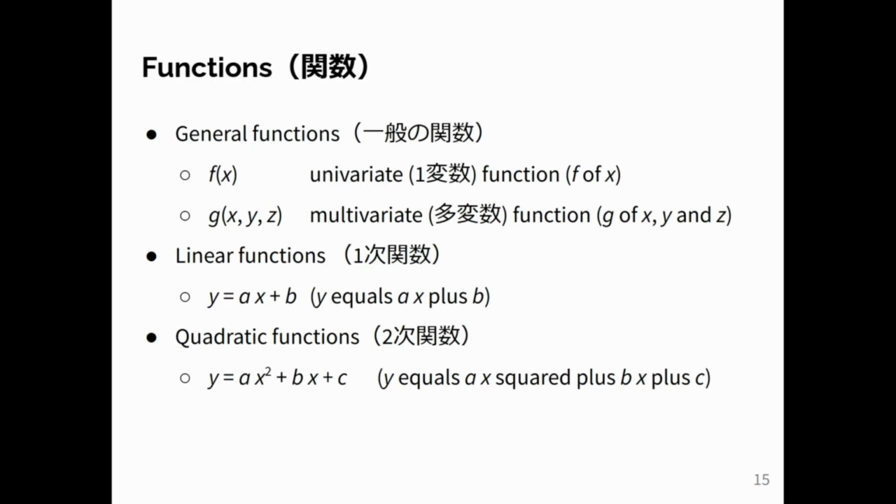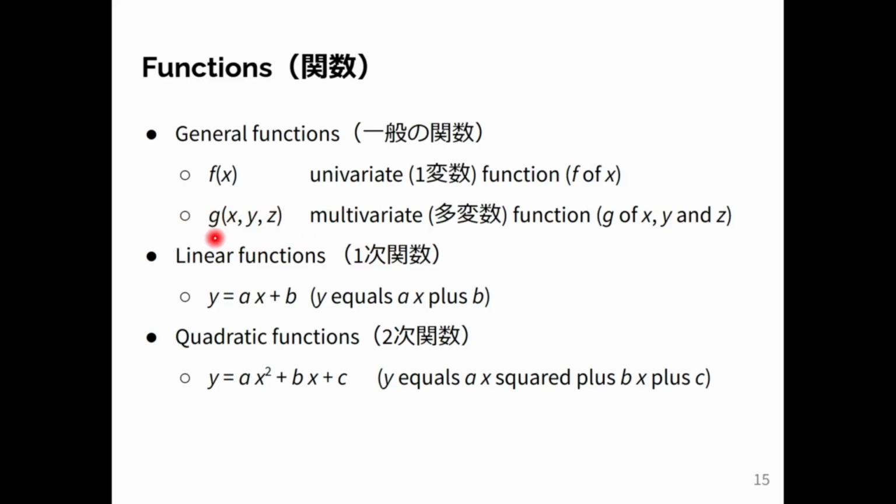And let's see about functions. Here, 一般の関数, general functions, are called like f of x. And this function only has one variable, so it's called a univariate function. Another example is g of x, y, z.